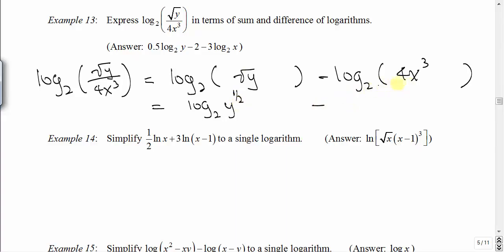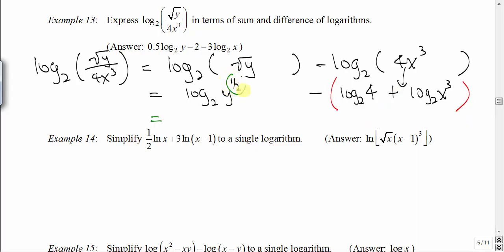This one we can split further. A multiply becomes a plus, but be careful, make sure you put a bracket here, because we subtract away this whole expression. Once this whole expression is split into multiple logs, make sure you put a bracket. Later when we remove the bracket, there will be a negative sign. We can bring down this power half here.